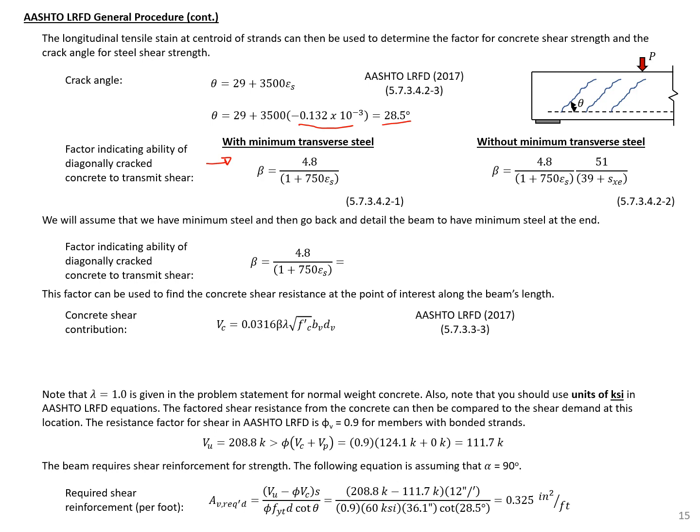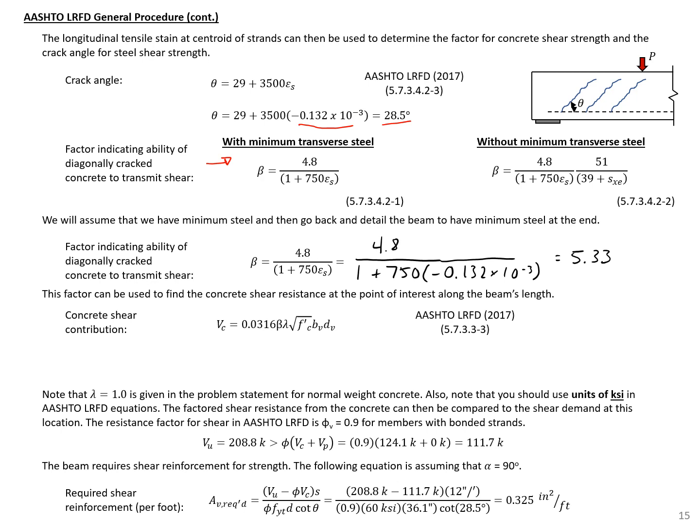So we can calculate our beta is equal to 4.8 times 1 plus 750 times our negative 0.132 times 10 to the negative third. And we'll get a beta here of 5.33.